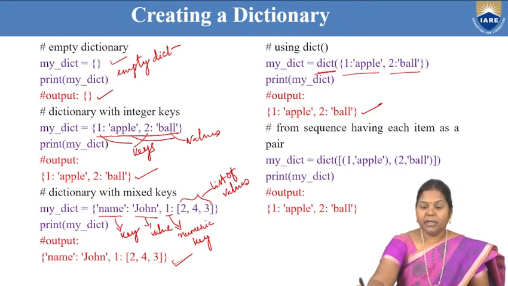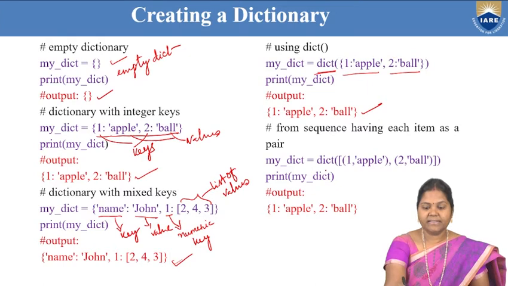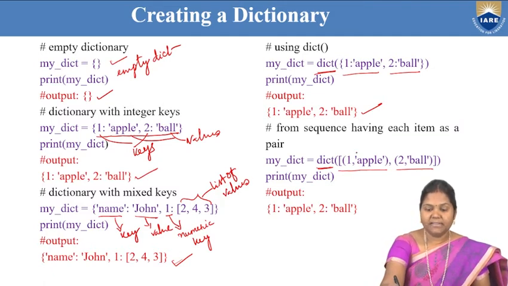Now, if you want to use a sequence having each item as a pair, then also you can use this kind of a list of tuples and create a dictionary. So in this example, you can see that the dict method is used, and what is the input given? Input is given as a list of tuples. So this is a tuple and this is another tuple.